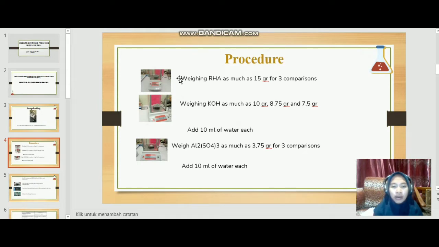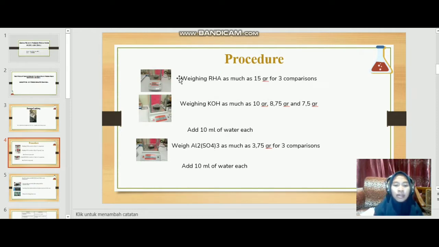Next, weigh KOH as much as 10 gram, 8.75 gram and 7.5 gram. Okay, next, add 10 ml of water to each.